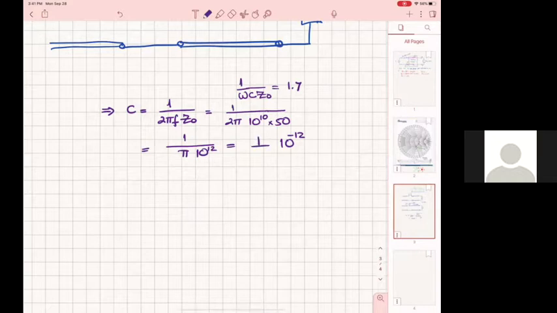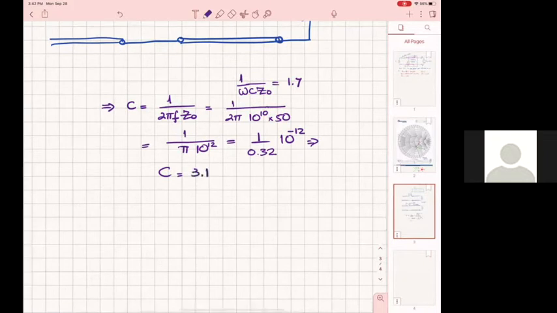So it's 1 over 0.32, which gives me a capacitance, inverse of this. It's 3.1 times 10 to minus 12, which is 3.1 picofarads.